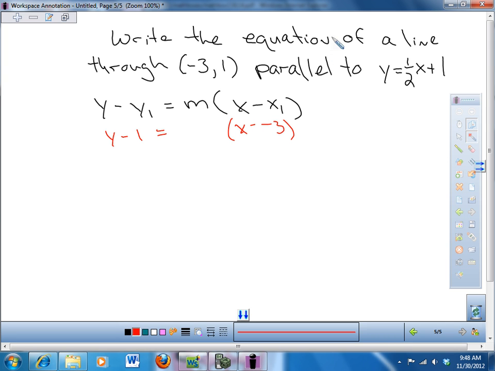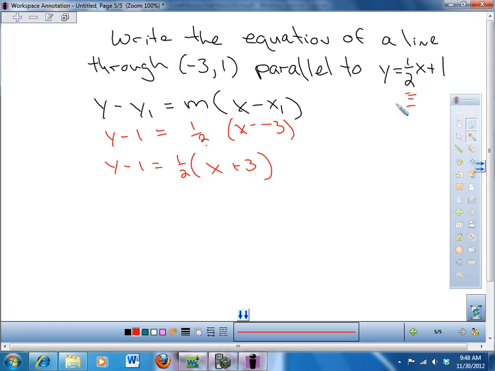1/2. Yes, because if it's parallel, it's got the same slope as this one. Now I want to simplify a little bit. y minus 1 equals 1/2 times x plus 3. If they ask you for the equation, there's your equation.